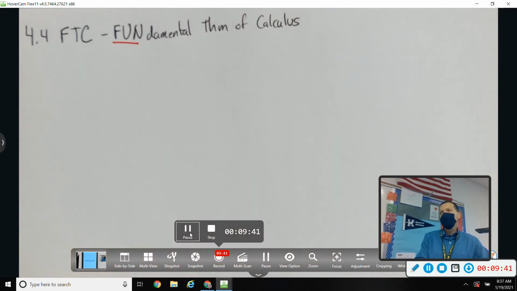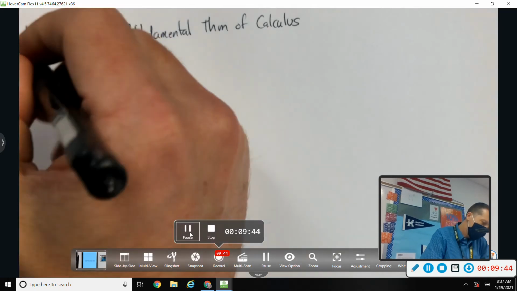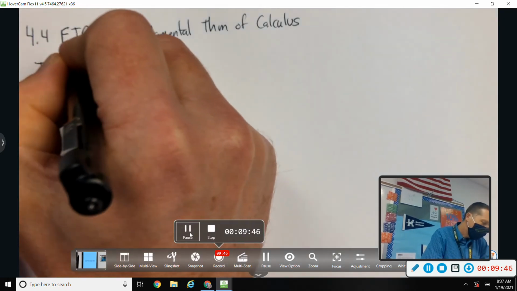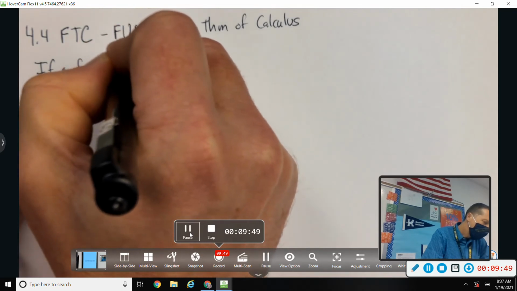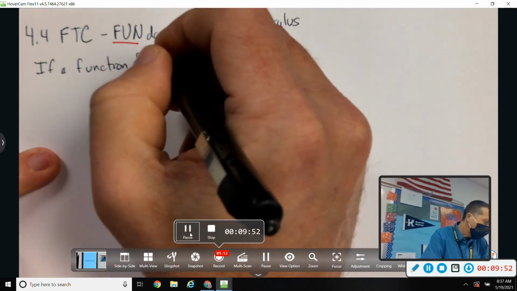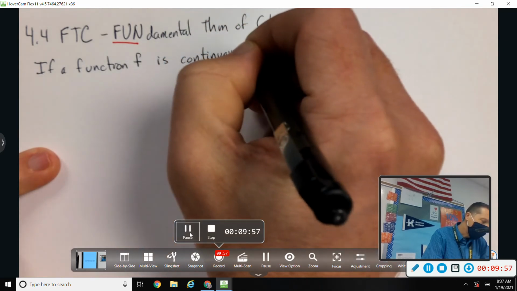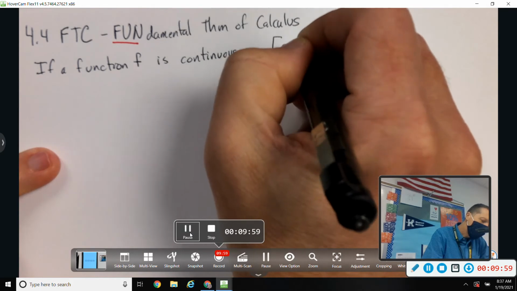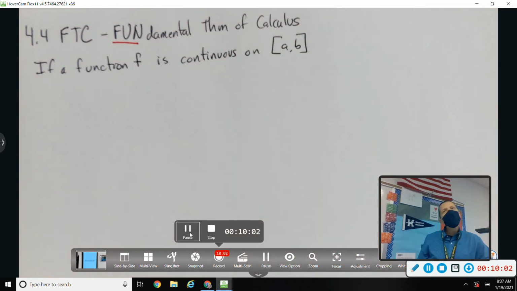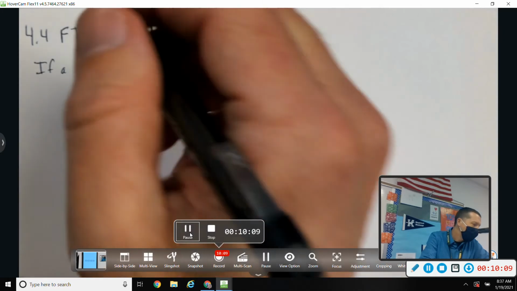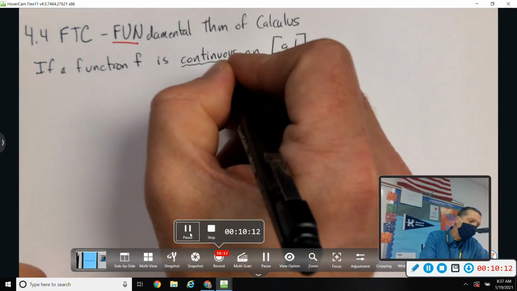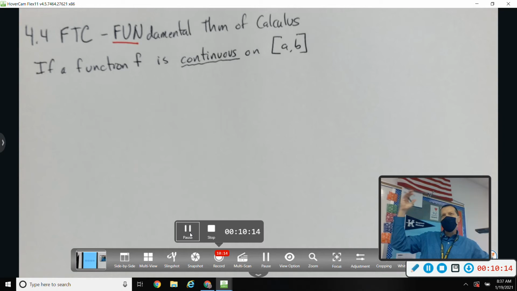Fundamental theorem of calculus, right? If a function f is continuous on A to B. Again, that continuity thing is important, because if it's not continuous, then there's maybe a jump or a gap or an asymptote, and that messes up the area stuff.